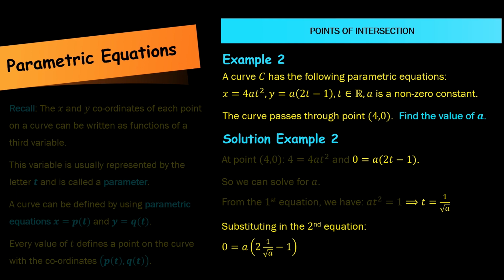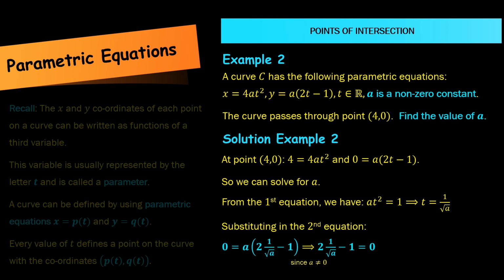If we substitute this in the second equation, we obtain 0 equals a times 2 times 1 over root a minus 1. And this implies 2 over root a minus 1 equals 0, giving us 2 minus root a equals 0, which implies that a equals 4. So we have our value of a.